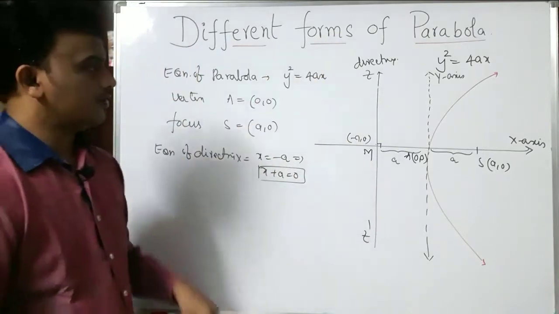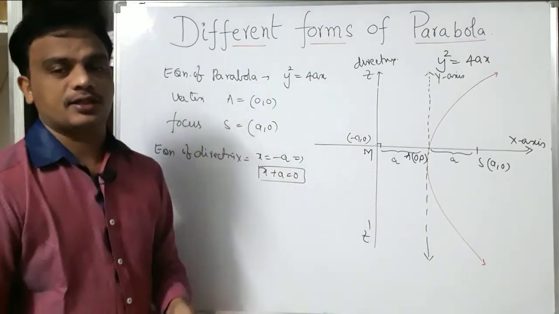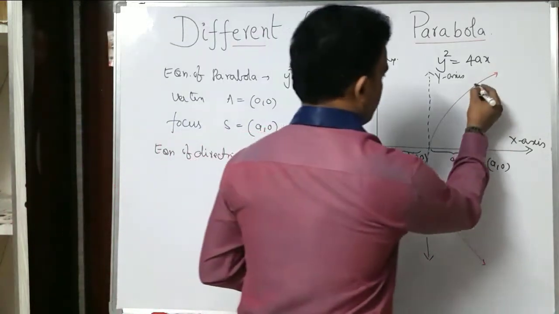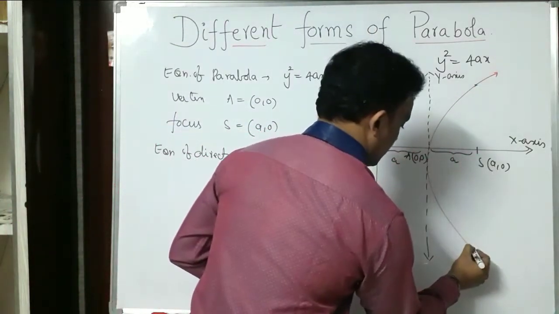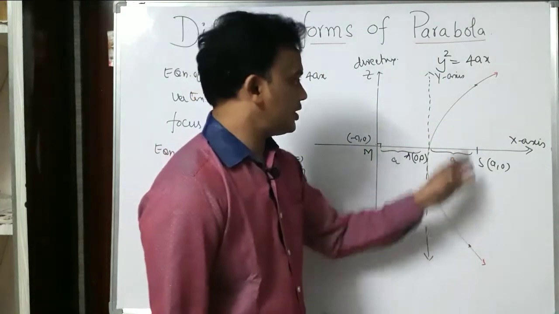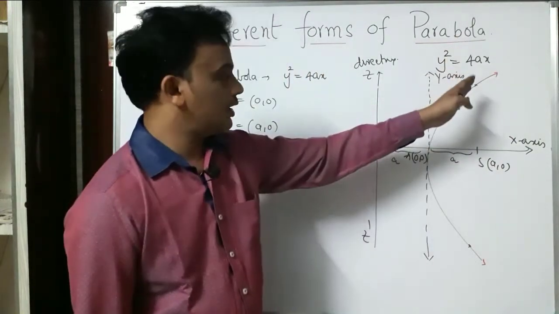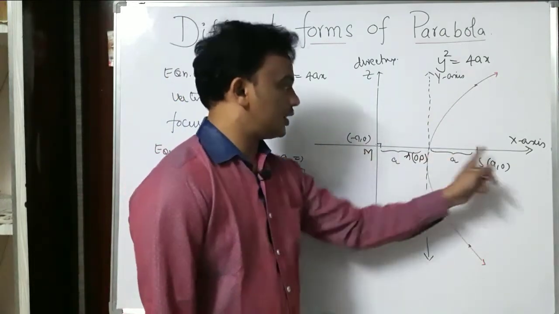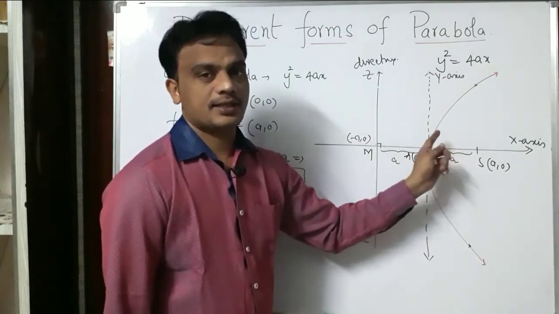Then what is the length of the latus rectum? Already we discussed that. What is the definition of a latus rectum? First of all, it is a chord, particularly called a double ordinate. A double ordinate means any line joining any two points on the parabola which is perpendicular to the axis of the parabola.